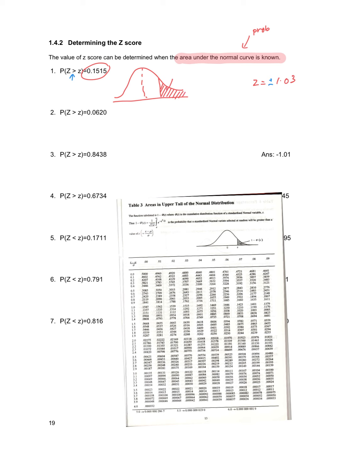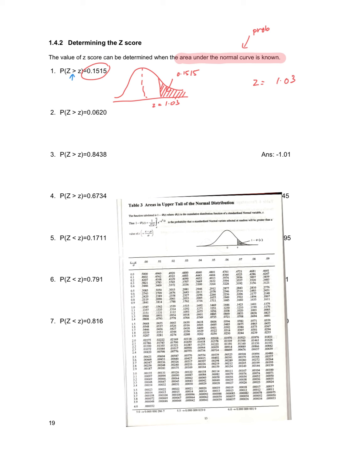So let's say this area is equivalent to 0.1515, meaning that z will be 1.03, and our answer is the z value should be positive. So z is equivalent to positive 1.03. Maksudnya dia di sebelah kanan.